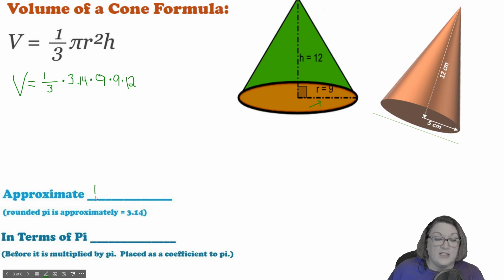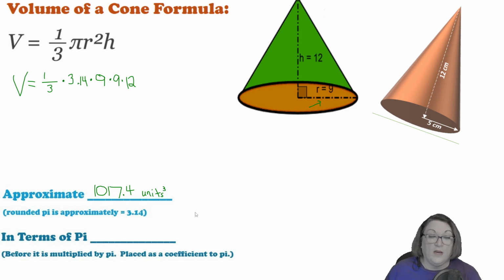We're going to assume they asked us to round it to the nearest tenth. And I'll go ahead and write it as 1017.4. And there's no units on this green cone here. So we're just going to write units cubed, because volume is always cubic units.